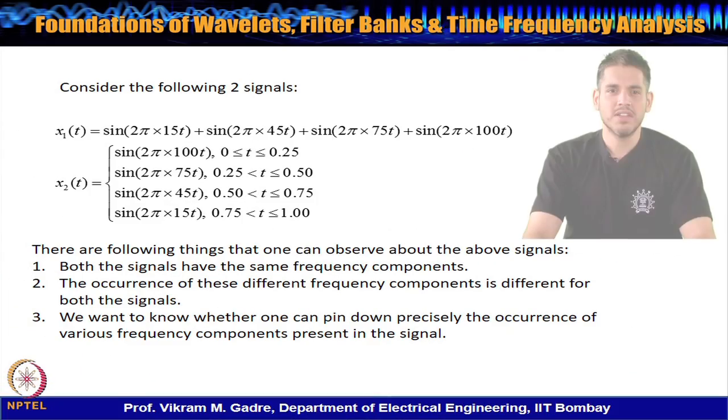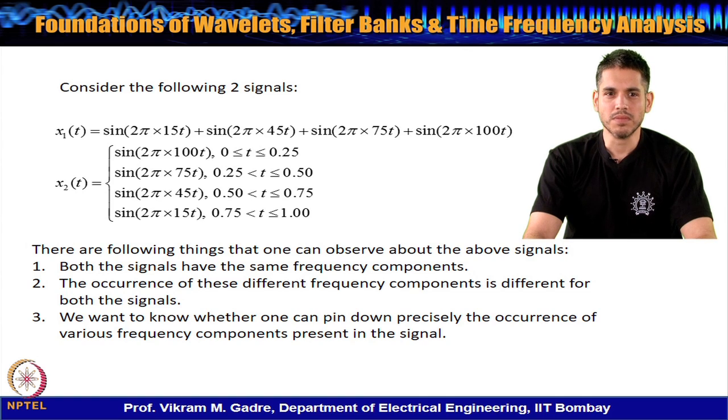Now consider the following two signals, x1(t) and x2(t), and take 10 to 15 seconds to look at these two signals closely. Now, as one can expect, these two signals are completely different in their behavior as far as the time domain is concerned.